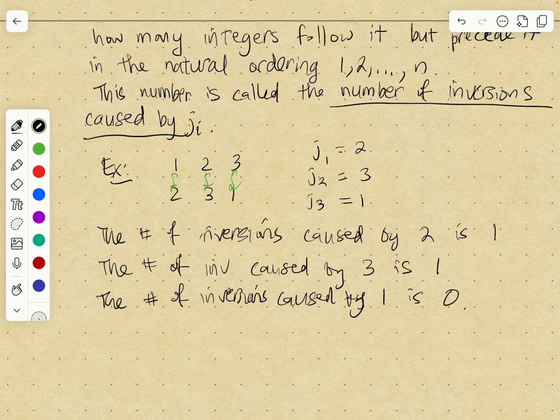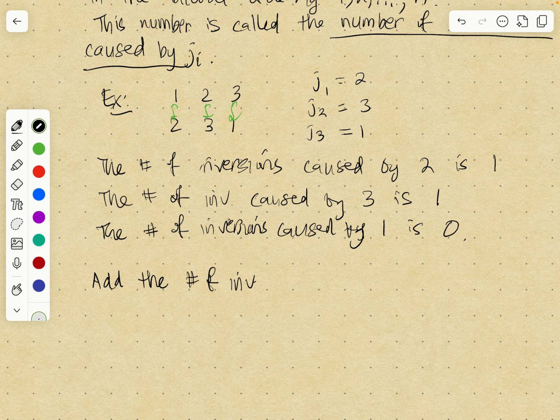Okay? So you do that for all those integers. Now let's say you add the number of inversions caused by the j sub i.